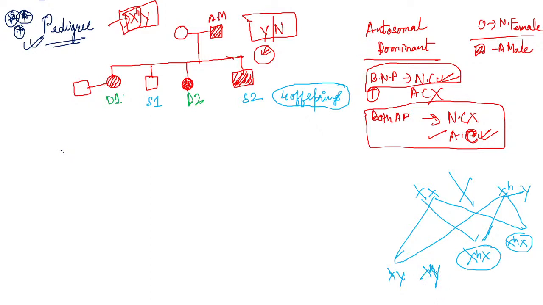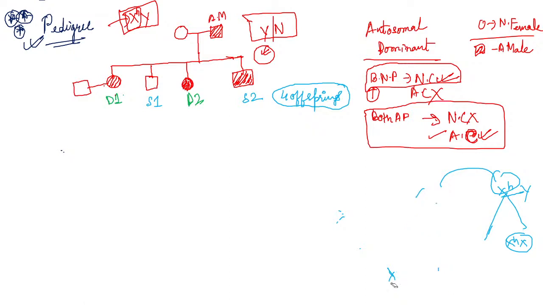Let me see again. One second. So yes, X is combining with XH once, then X is combining with XY normal. It has become very hazy.